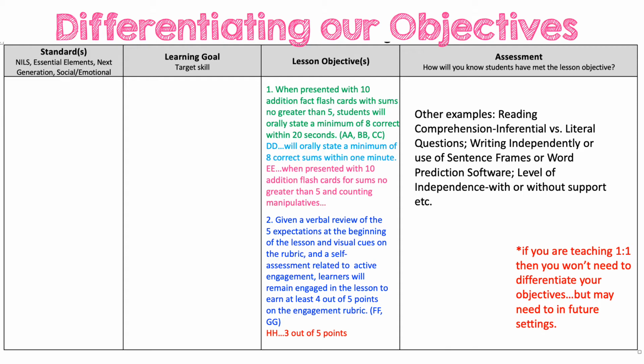This is for learners FF and GG. You will see for learner HH, it's differentiated to be 3 out of 5 points because that is what is needed for the criteria for that learner.